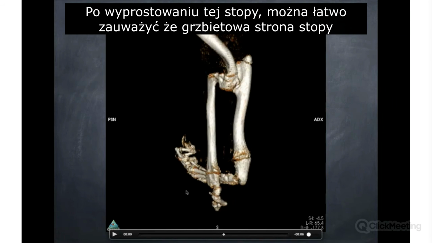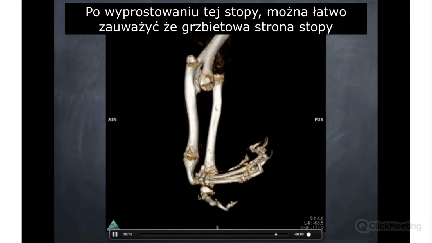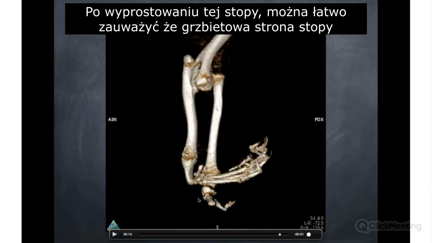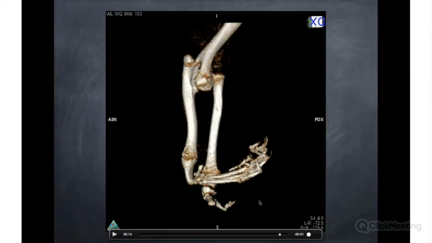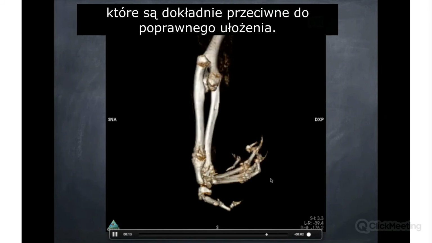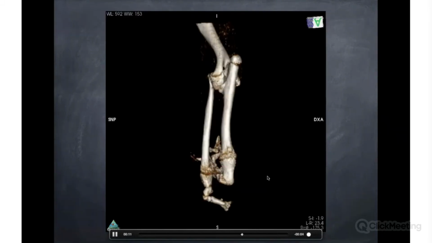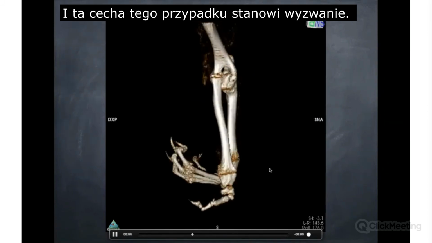If you extend this foot, you can easily realize that the dorsal part of the foot will be directed caudally, not cranially. So it's rotated in two directions, in two different planes that are exactly the opposite of what they should be. Okay, so this is the challenging feature of this case.